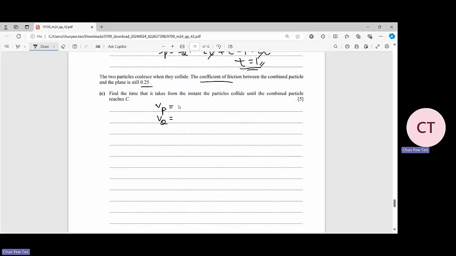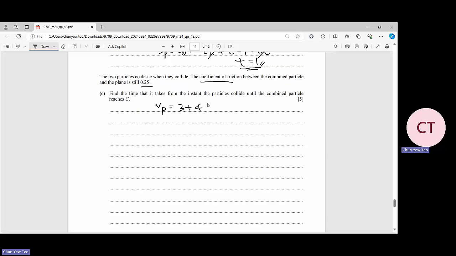So I will be using the formula v = u + at. For P, the formula is 3 plus 4, before collision.